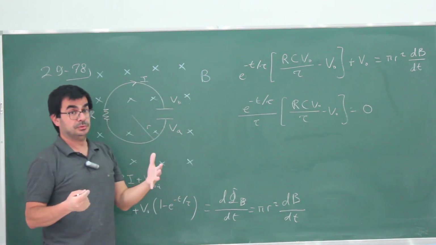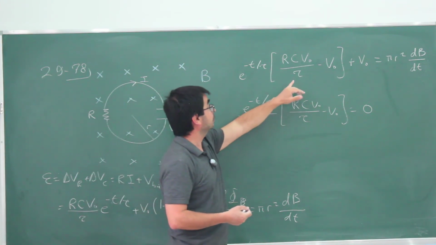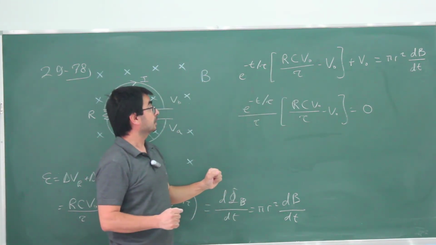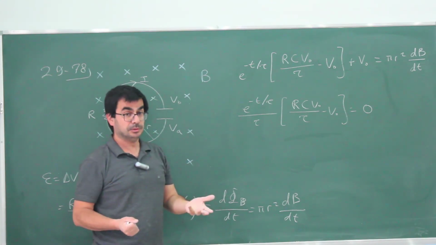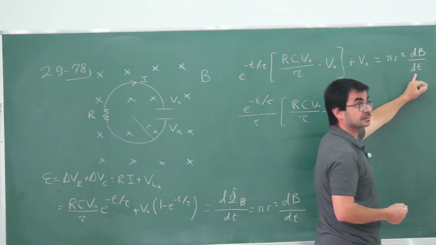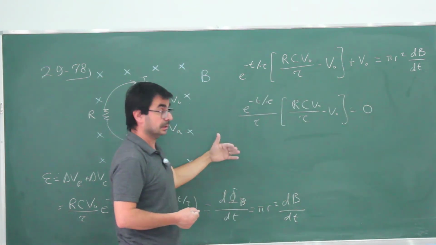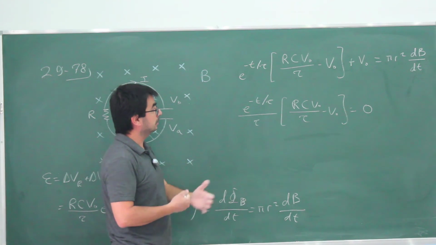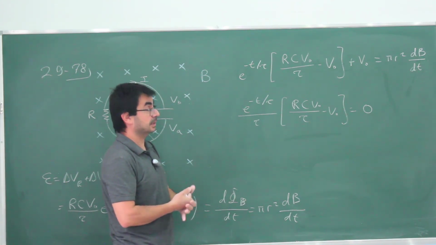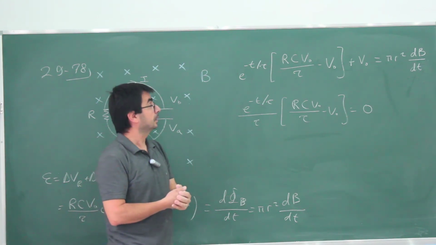But if you get confused by the fact that the solution manual is just assuming tau is equal to RC, well, you're not alone. This is not obvious, and it's not necessarily correct. It is correct, however, if this dB by dt is constant. So if the magnetic field is decreasing at a constant rate, then tau is indeed going to be RC, and we get a simple expression as given in the solution manual. Okay, I think that's all.